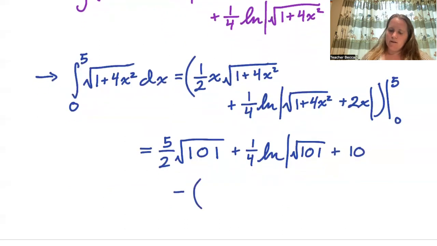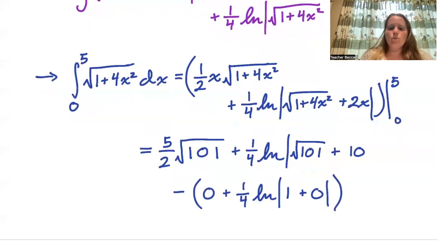We are subtracting off, we get a 0 from the first piece. Then we would have 1/4 times the natural log of the absolute value of the square root of 1 plus 4 times 0 squared, which is just 1, and then plus 0 also inside of our natural log. Natural log of 1 is simply 0.